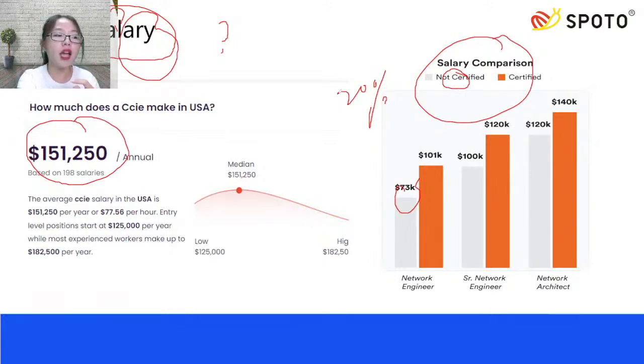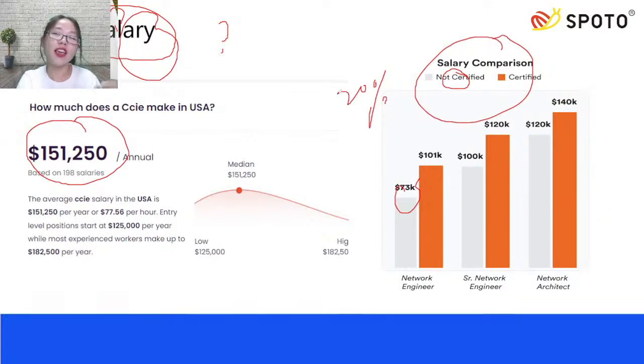I think many of you want to get CCIE certification due to this high salary, but the problem is how to get it. I know the CCIE salary is very high, but how to get the certification? That's my big problem, right?